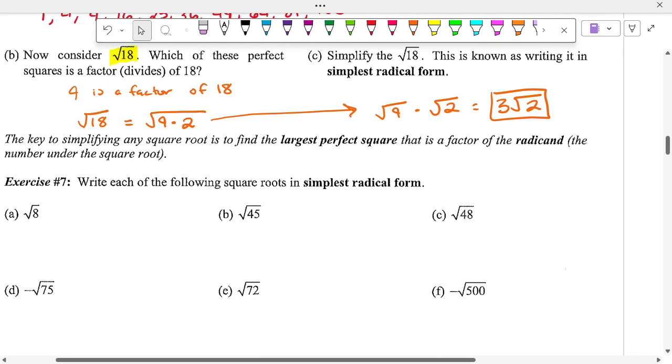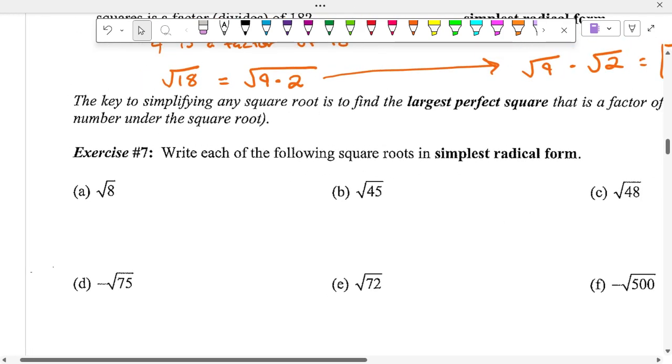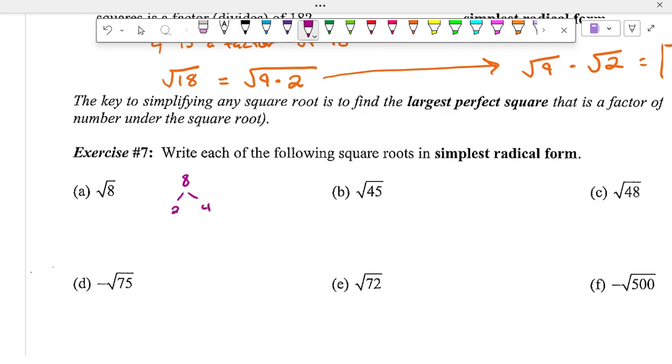So let's try a couple of these together. All right. So 8. Whenever I do these factors, I like to just list some factors because that kind of helps me. Now, 8's an easy one because what are the only factors of 8 besides 1 itself? 4 and 2. And is one of those a perfect square?